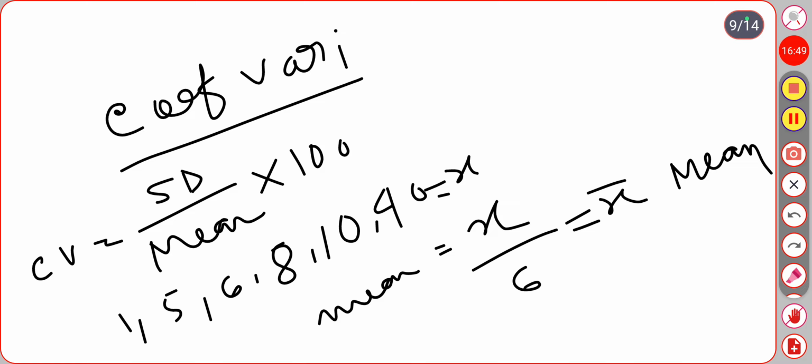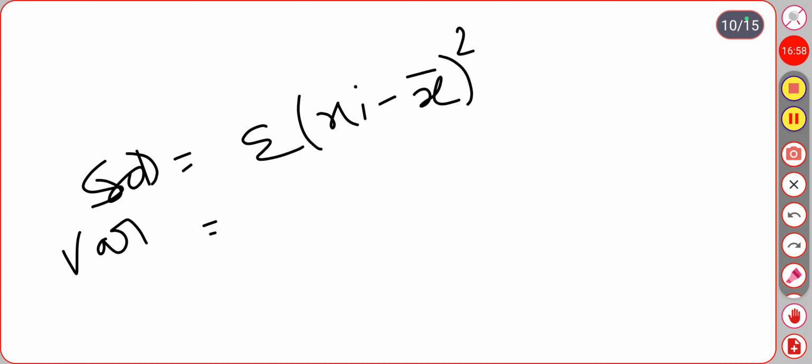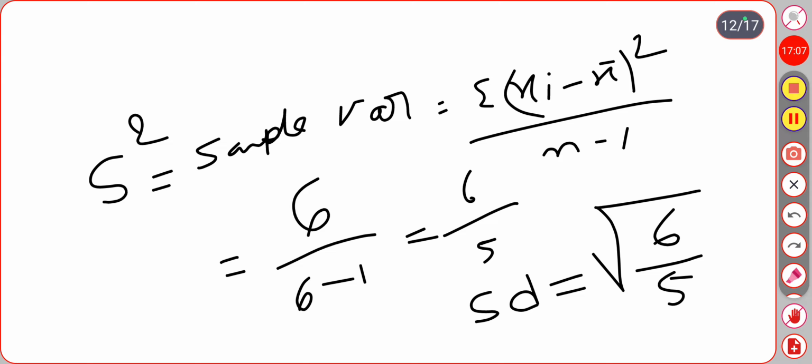And from there we can get the standard deviation. So how can we calculate the coefficient of variation? We can show a very good example.